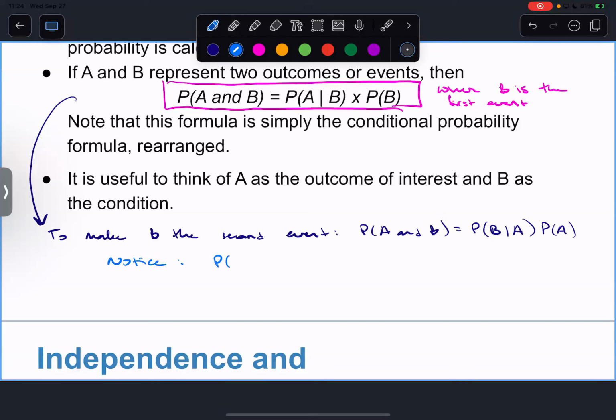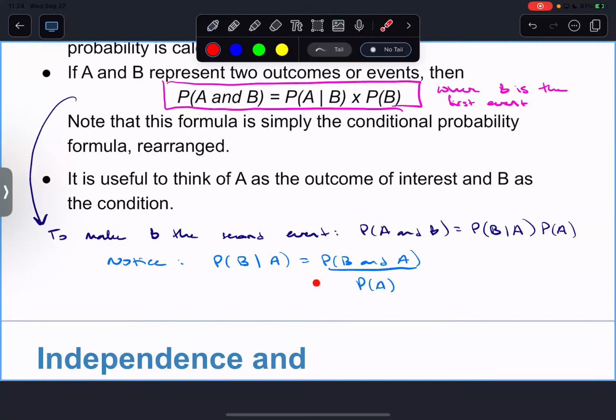So here, notice that the probability of, sure, I'll use B given A, is the probability of B and A, or A and B if you want, divided by the probability of A. What have I done? What have I done?